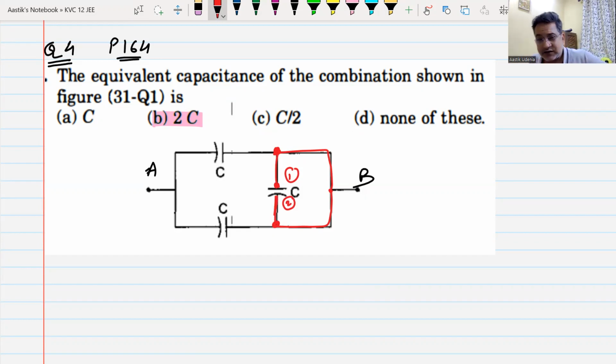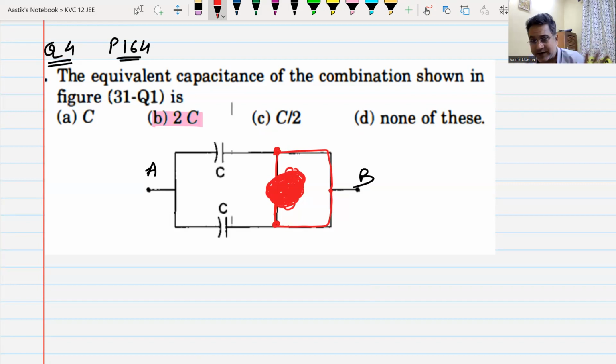Now when both the plates of the capacitor are connected to each other, the potential difference between the capacitor plates becomes 0. If the potential difference becomes 0, there will be no charge coming on this capacitor. So you can take this capacitor out because this capacitor does not exist. No charge flows.